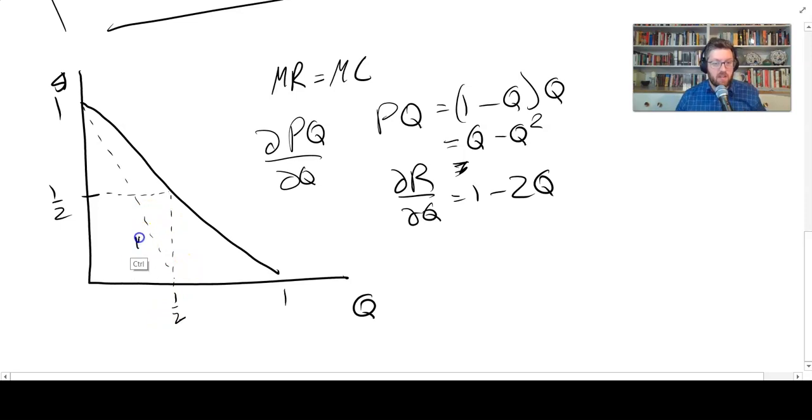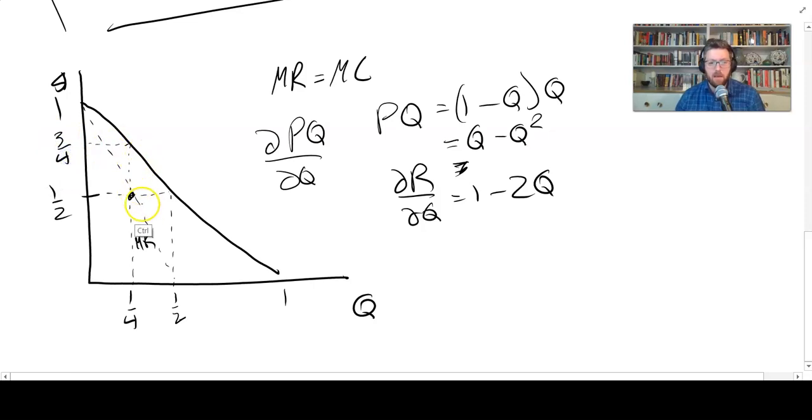Okay, so this dashed line is my marginal revenue curve, and where that equals marginal cost tells me the quantity that I should use, which we said was going to be 1/4. And then to find the price, I go up to see what price I need to charge to sell 1/4 units, and we got 3/4.